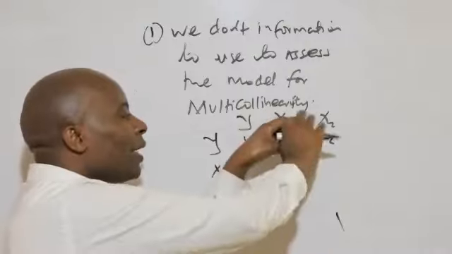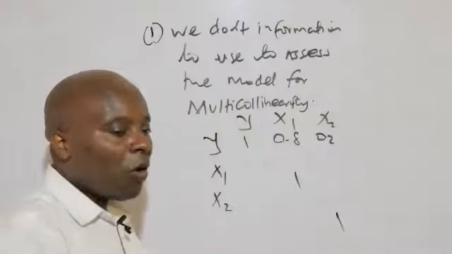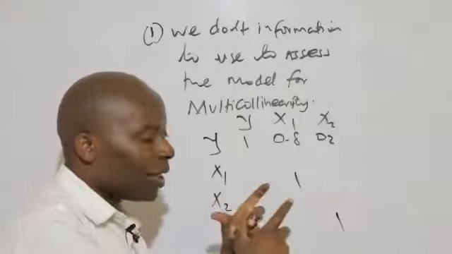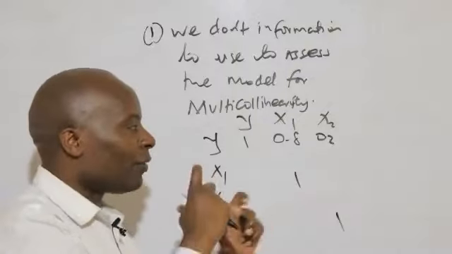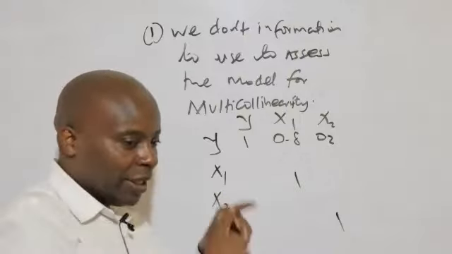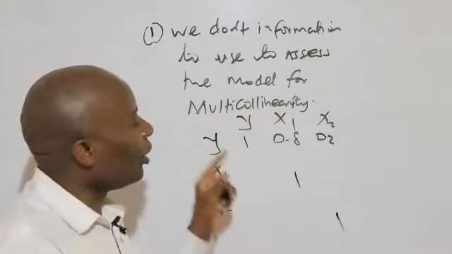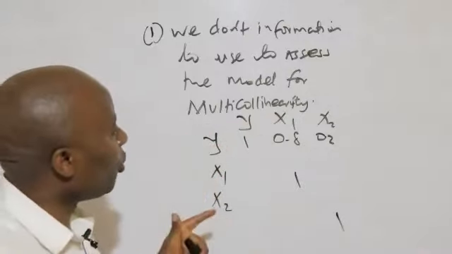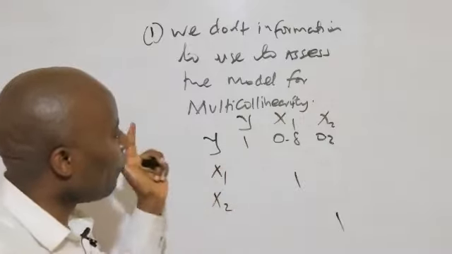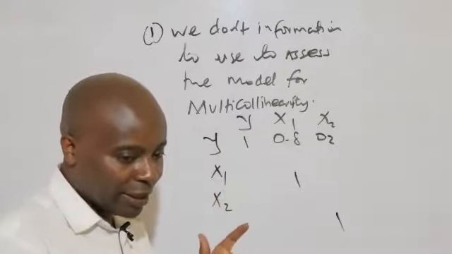All the predictor variables are supposed to be relating with y. But we should never have a situation where the predictor variables are relating to themselves significantly. If they relate like that, they will be having many relationships in one model. So we don't have information that will help us to assess for multi-collinearity.